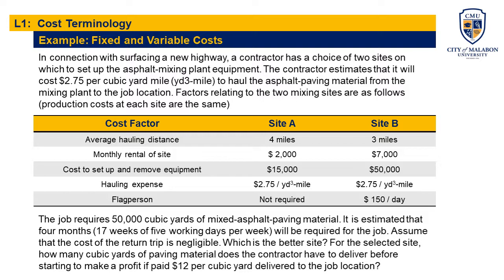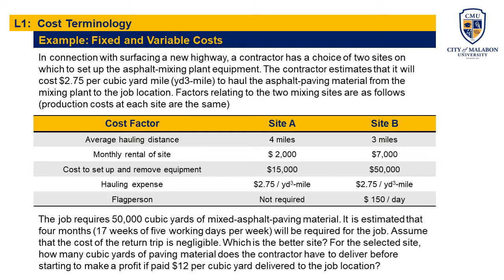Production costs at each site are the same. So here are the cost factors for the contractor. So first, average hauling distance. For site A, the average hauling distance is 4 miles. For site B, the average hauling distance is a little bit shorter with 3 miles.